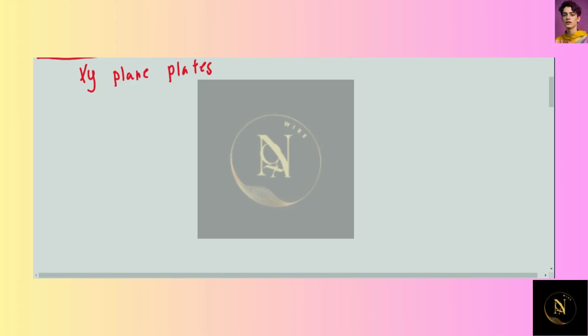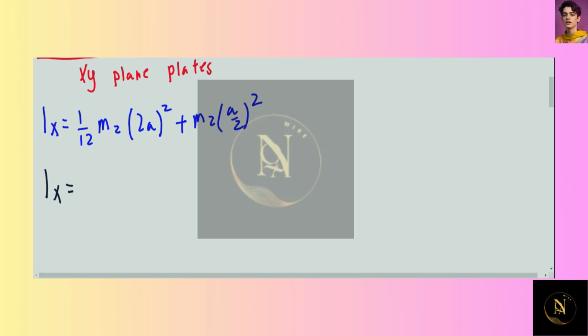So for the x component of those plates, that's going to be equal to 1 over 12 times m2 times 2 times a squared plus m2 times a over 2 squared. So you can plug in m2 and simplify it down to 7 over 60 times m times a squared.